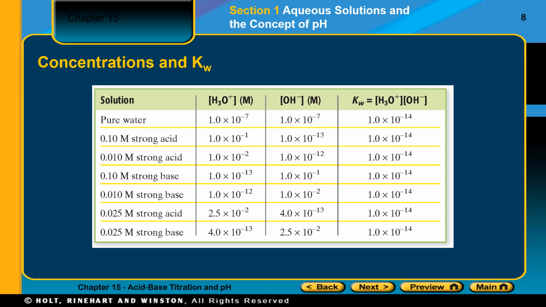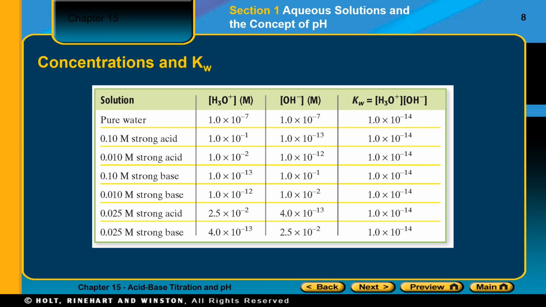And so as you go down this chart, you can try different combinations, but you'll notice that the product of the hydronium ion concentration and the hydroxide concentration is always 1.0 times 10 to the minus 14. And as you go at the top, we notice that we have the hydronium ion concentration that's greater than 1.0 times 10 to the minus 7, so they're called acids.